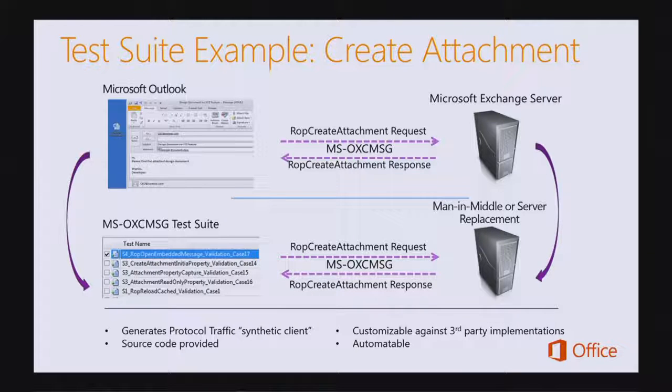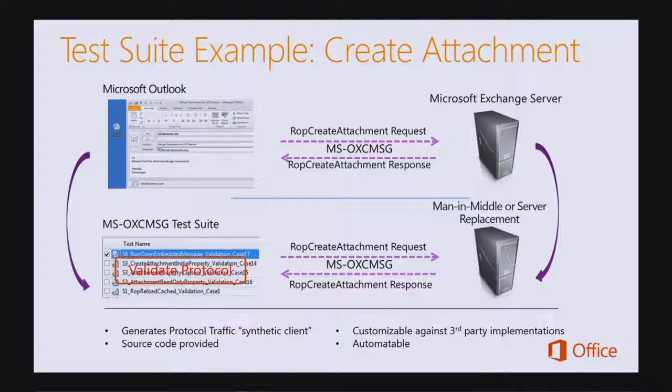Basically, it exercises the same operation in the protocol and attaches a dummy document, and then it validates both the response from the server and what the server is actually doing. In concept it is similar, but in reality it's a little bit different, because the test suite focuses on the open specification.